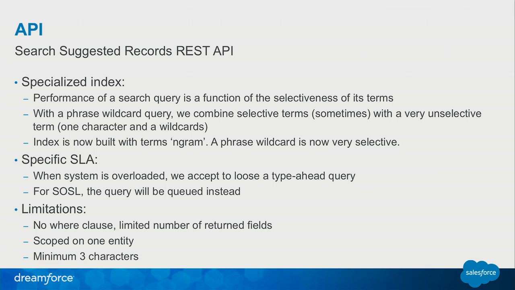Typically, one character with one wildcard is very unselective. So to fix that, we have used what we call n-grams. Before, one term was a key in the index. Now we are combining multiple terms, and so 2 terms or 3 terms are a key in the index. So what it means is that we don't have to join between terms, and now a phrase wildcard with multiple terms is very selective.